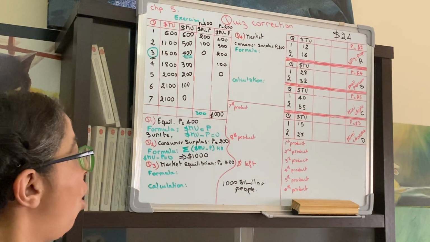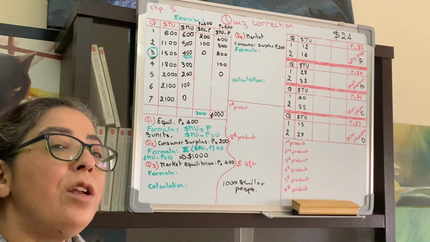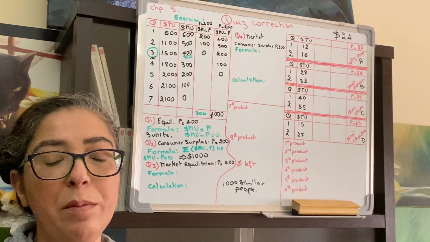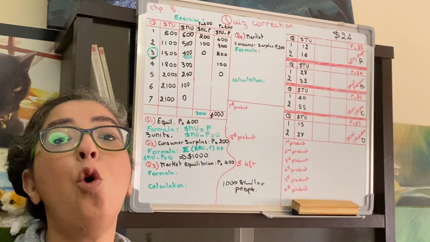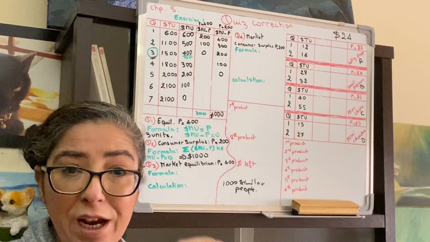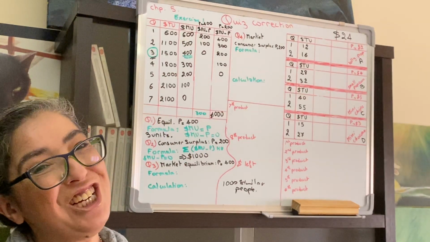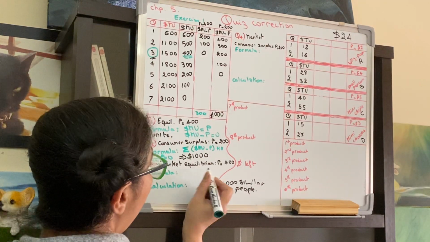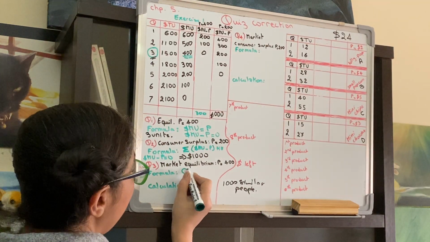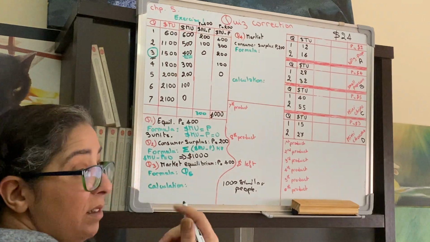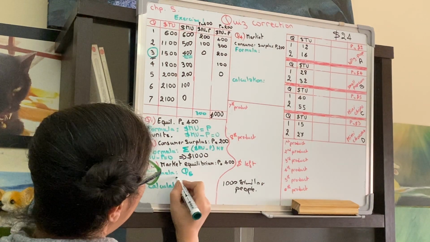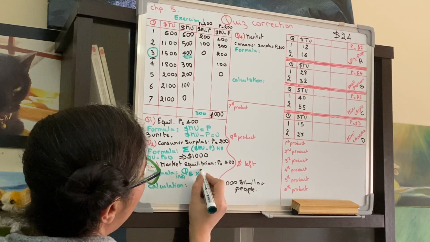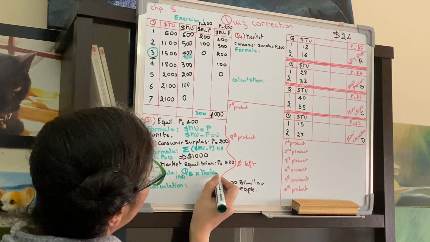Okay, so if each one of us buys 3 units and we are 1,000 people, so in total the whole market is gonna buy 3 times 1,000, which is 3,000 units. Let's do it. So the formula of the market equilibrium, it's the equilibrium quantity for one person, so individual, times market size.